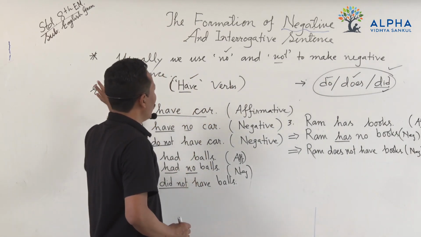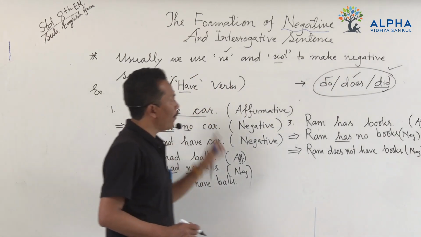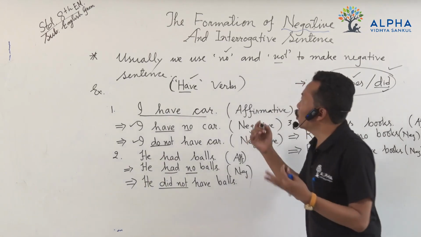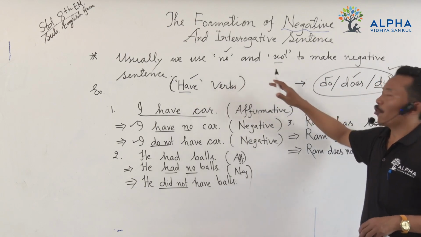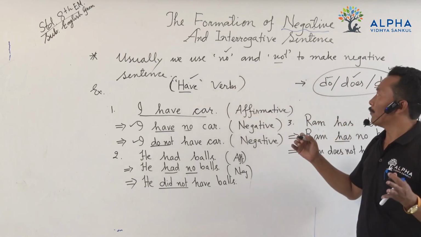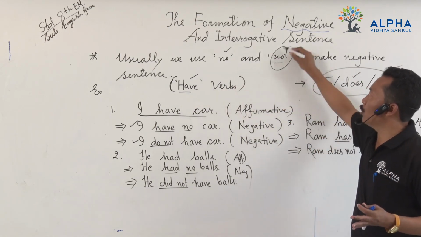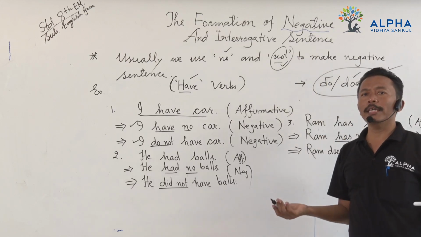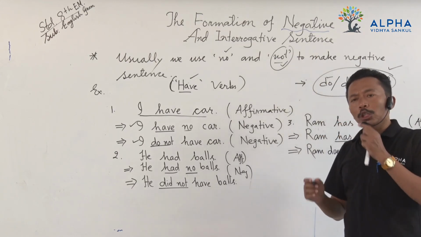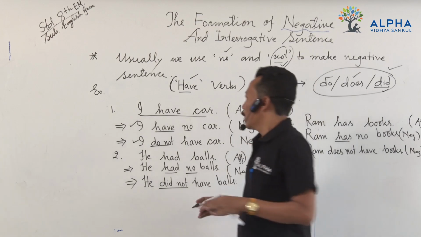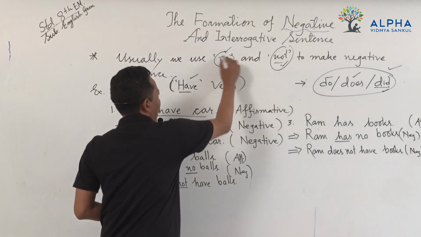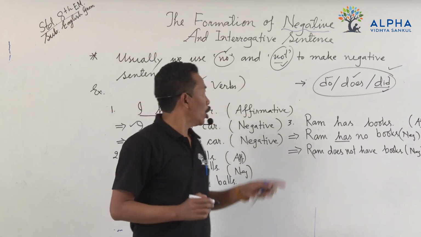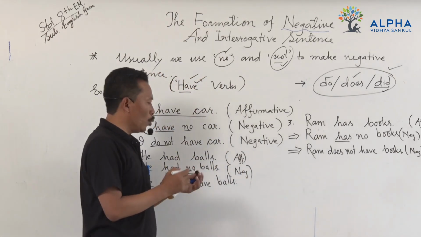And this is also another form of negatives. You see, we have learned two ways of changing from affirmative to negative. The first one we learned is by using not. How we use it? Not is used just after the auxiliary verb. Then for the have verb we use no, and we have two ways.